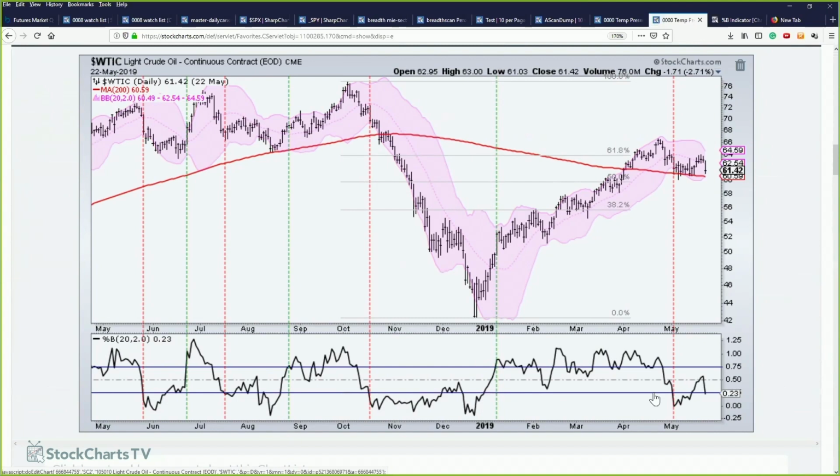Now, keep in mind that the concept of trend following means you're going to have lots of whipsaws. The concept behind the success of trend following is that one good trend is going to pay for those whipsaws. So if you use this indicator on other charts, you're going to see a lot of whipsaws, and you might need to adjust it. You might need 0.90 and 0.10 for your signals.